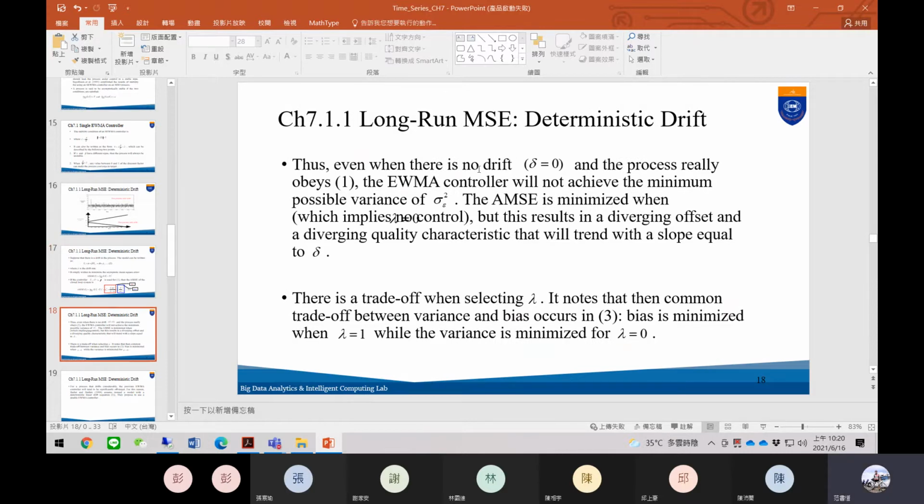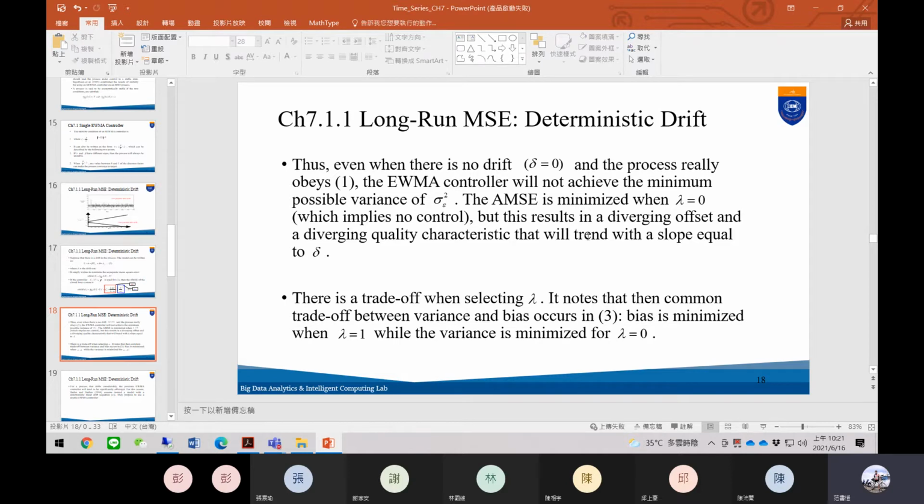So even though there's no drift and the process obeys number 1, it will not achieve the minimum variance. The MSE is minimized when lambda equals 0, which implies no control.